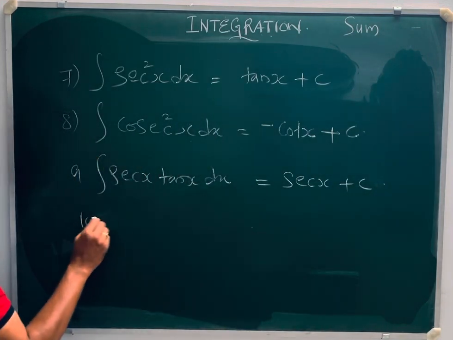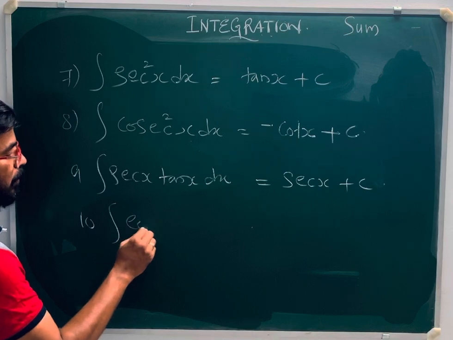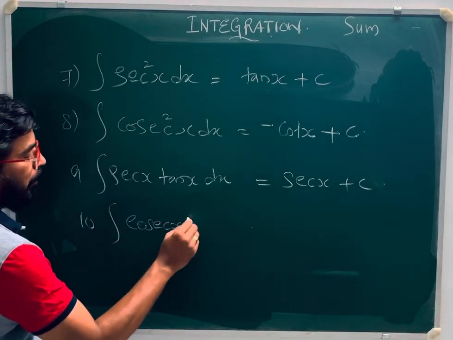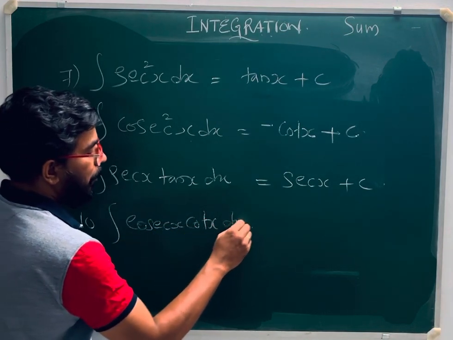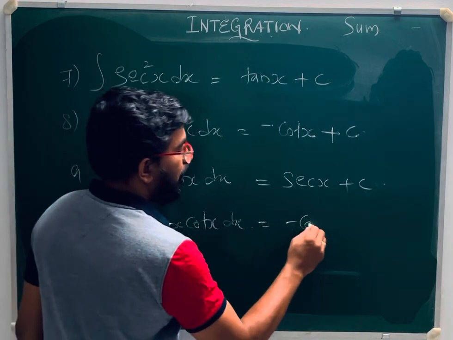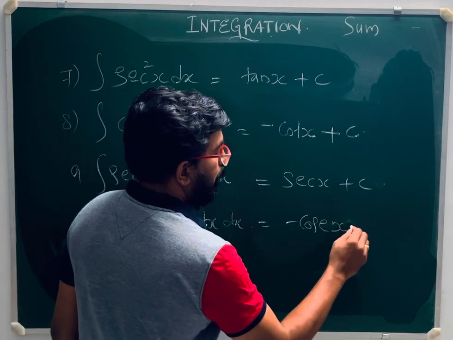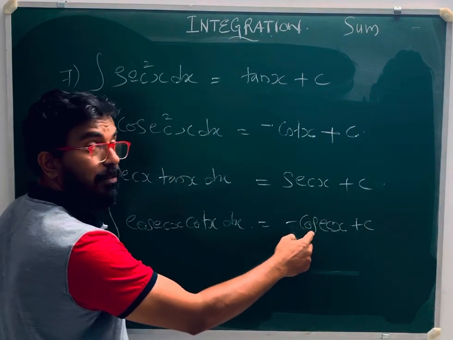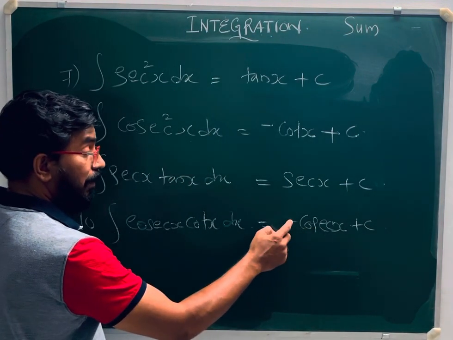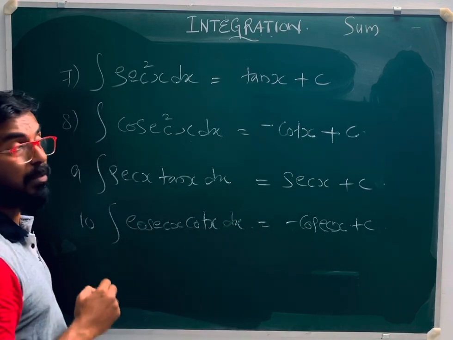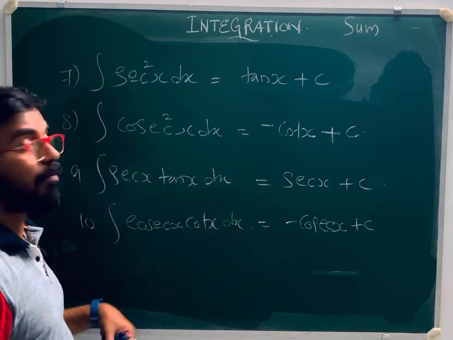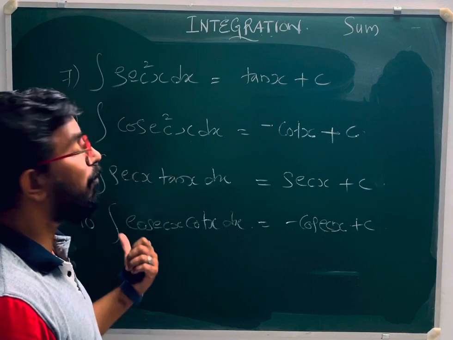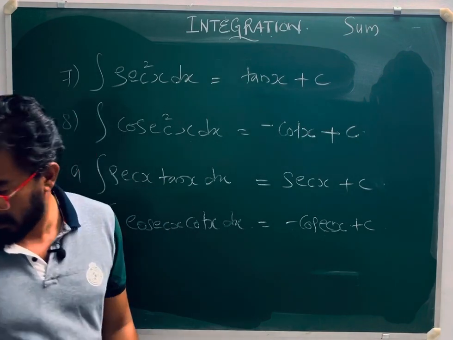And 10th one, integral cosec x cot x dx, which will be minus cosec x plus c. Minus cosec x differentiation is minus cosec x cot x with a minus and this minus, it will become this. So these are the remaining 4 formulas. So I said 6 plus 4, 10 trigonometric formulas.